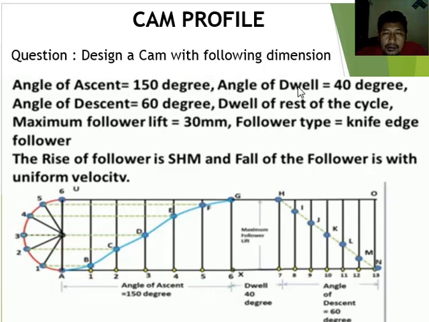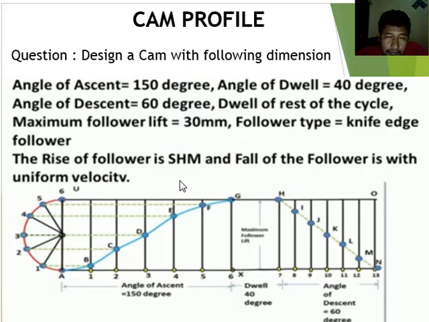The angle of dwell is 40 degrees, and the angle of descent or the fall is 60 degrees. Dwell for the rest of the cycle, and the maximum follower lift is 30 millimeters. This problem uses a knife edge follower.